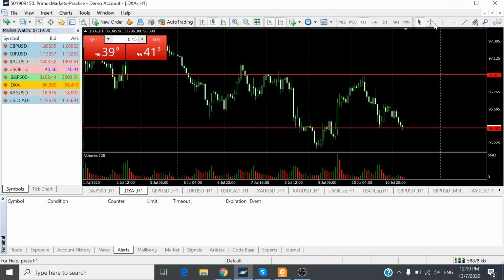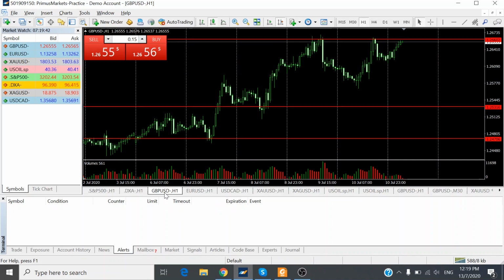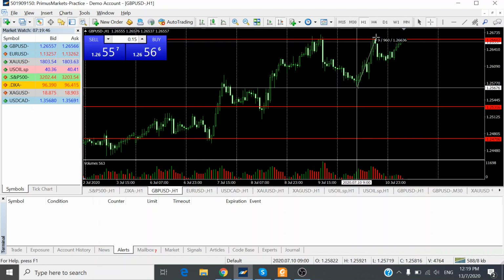So what this means is that if the US dollar index shows us that the US dollar is weakening, then we should also see the UK pound, which is traded against the US dollar, to be strengthening over the same period of time.